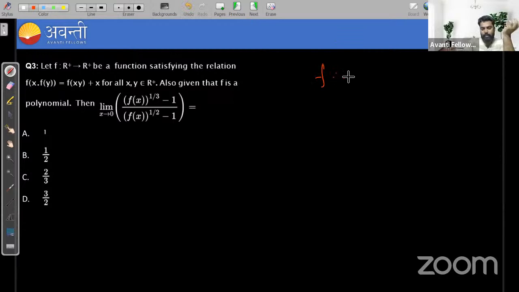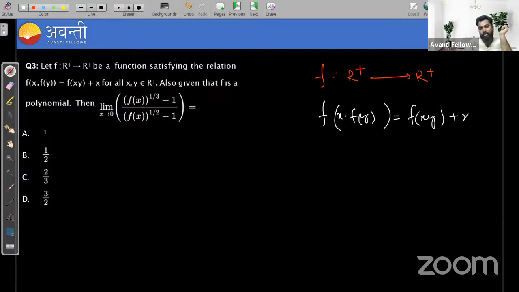It is satisfying the relation f of x into f of y is equal to f of xy plus x, for all x, y belonging to R plus. And also it is given that f is a polynomial function. Then what is the limit of this expression?